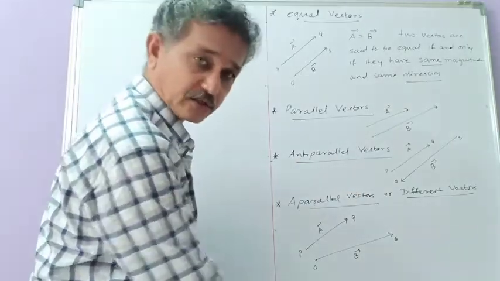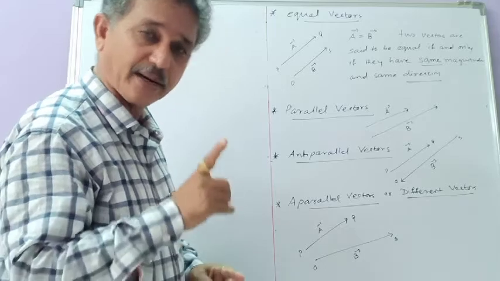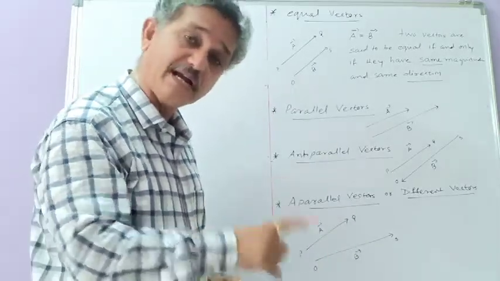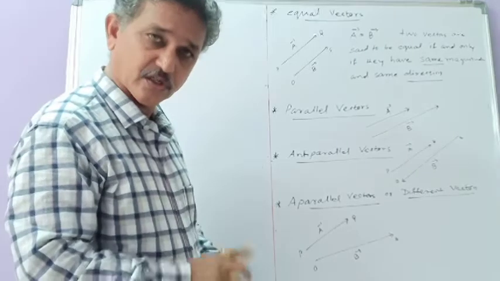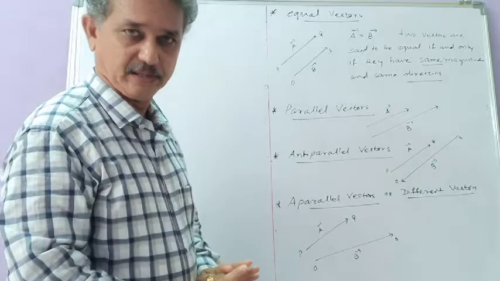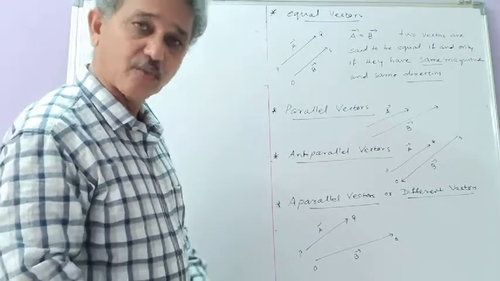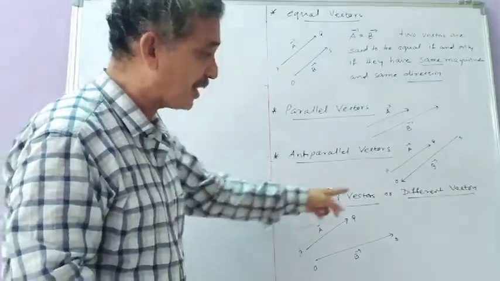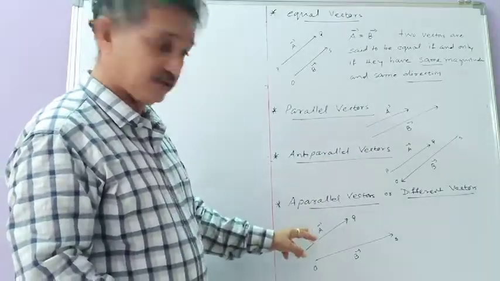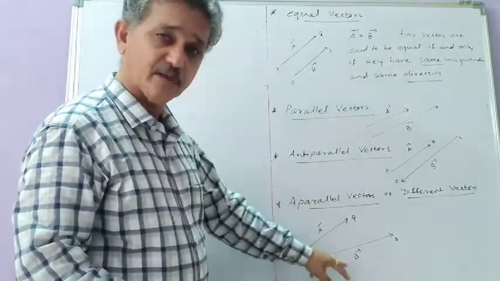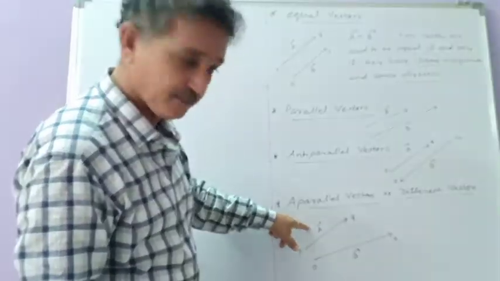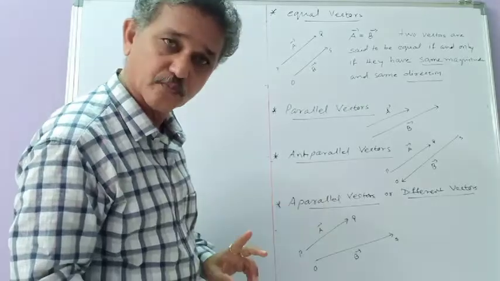If two vectors are neither parallel nor anti-parallel, then such two vectors are known as aparallel vectors or different vectors. So here you can see that this vector A and vector B are different vectors. They have different magnitudes. The magnitude of vector A is just the distance from P to Q.